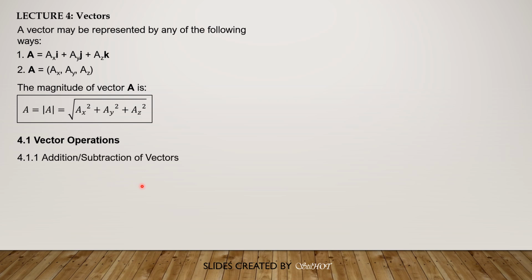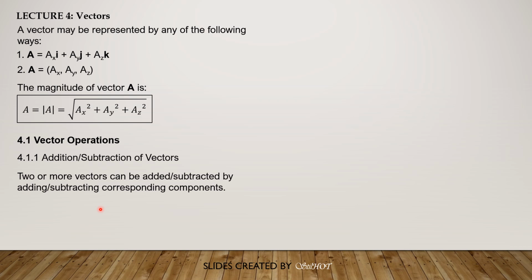So, addition and subtraction of vectors. Two or more vectors can be added or subtracted by adding or subtracting corresponding components.